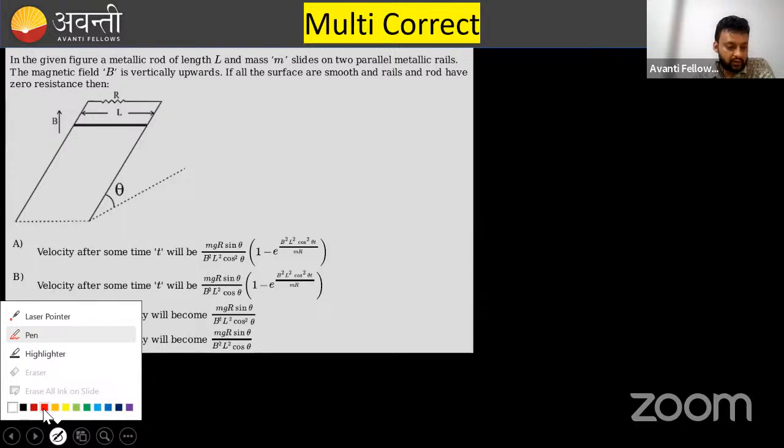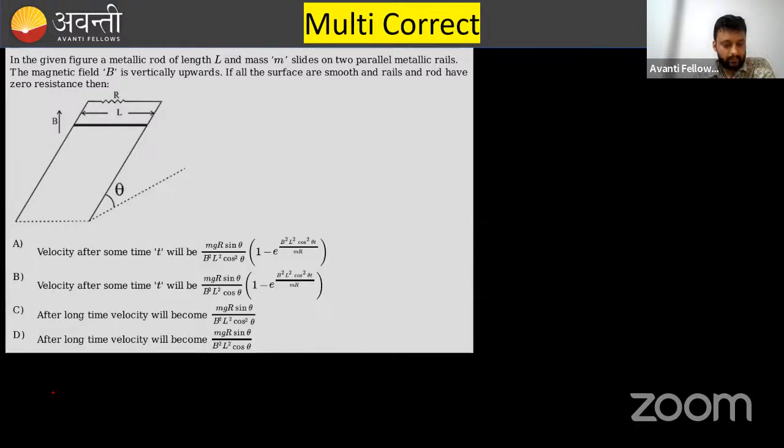So be very careful in this. Rest of the students, read the question.